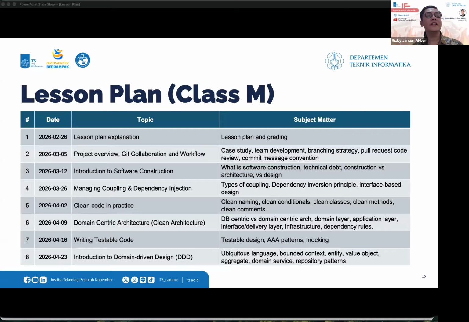Next, in week 7, how to design testable code. So testable design: what kind of design, what kind of written code is testable. We will discuss it here, and then how to test your code using the AAA pattern, arrange, act, assert, and how to do mocking.